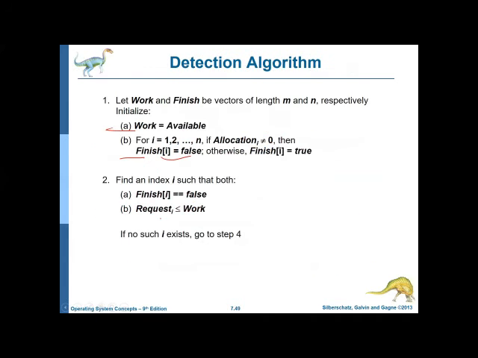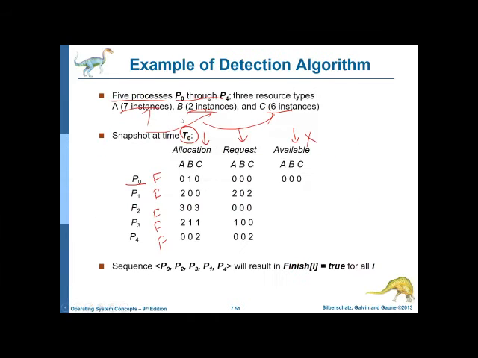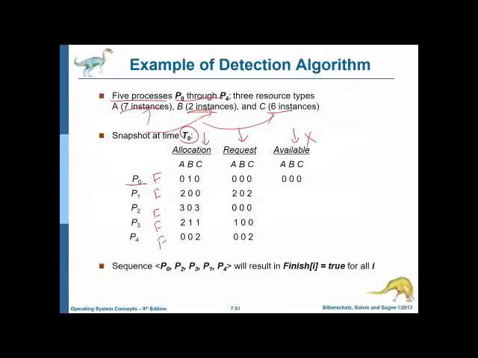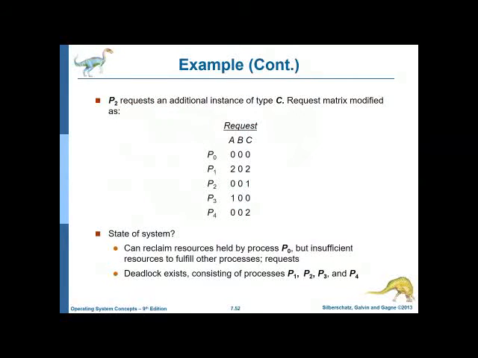Okay. What is the next step? We have to find the index I. Here I is equal to 0 for us now. We have to see whether finish of 0 is equal to false. Yes, it is false. And we see whether request of 0 is less than work. What is available now? 0, 0, 0. We know available is 0, 0, 0 in this table, so work is also equal to 0, 0, 0. We have to see whether request is less than or equal to work.